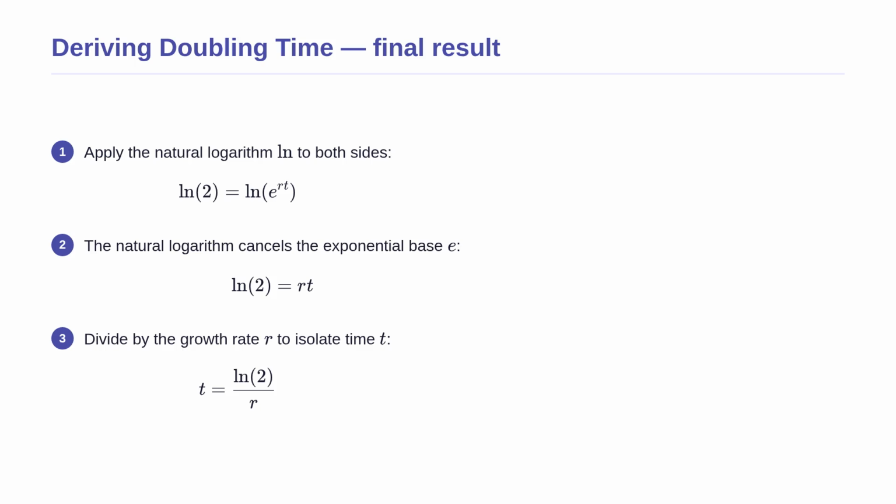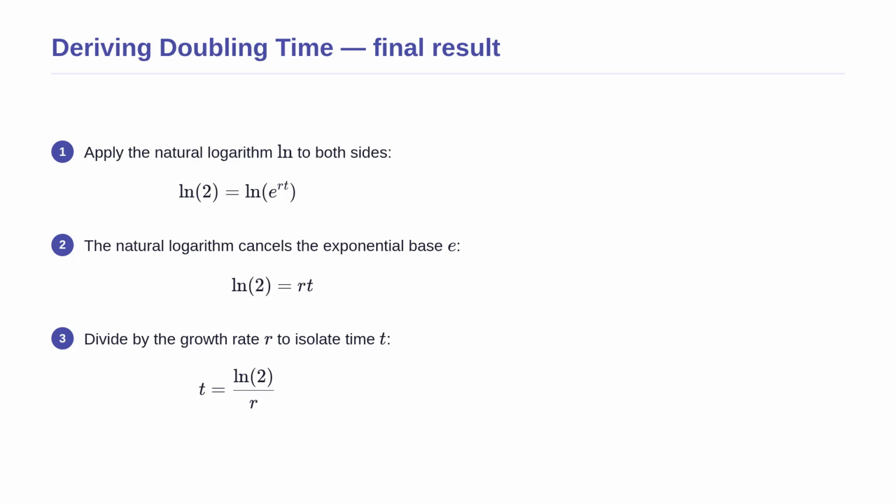So, we have proven that the initial size cancels out, leaving us with 2 equals e to the power of rt. This brings us to the final steps of our derivation, where we must extract our variables from the exponent. To do this, we apply the natural logarithm to both sides of the equation.